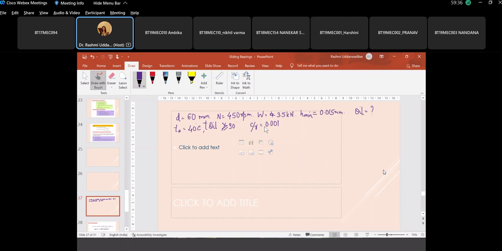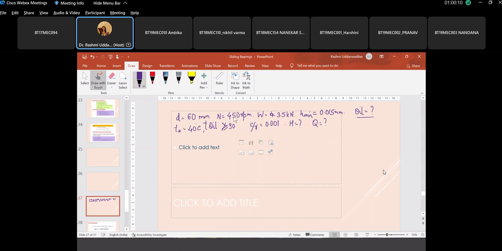Also determine the heat loss due to friction, and calculate the oil flow required. So let us solve this problem only till selection of oil. This part we'll do tomorrow.